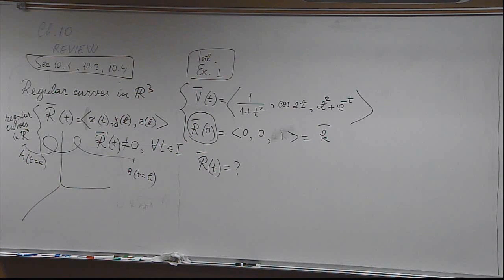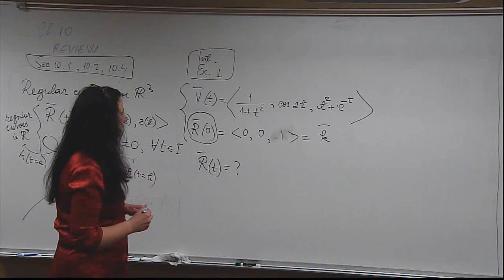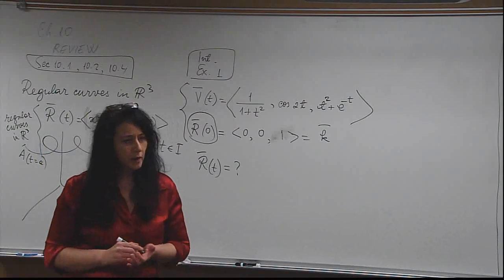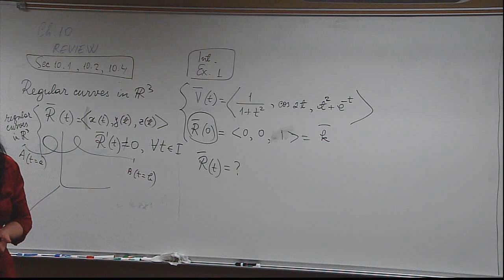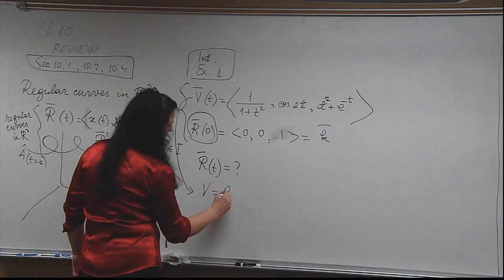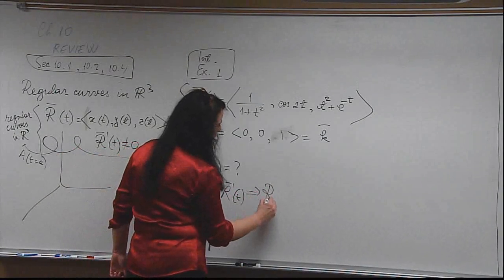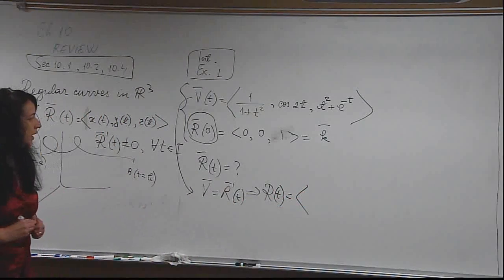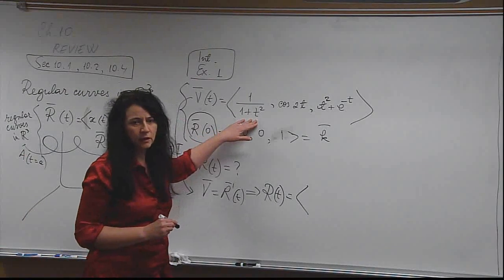All right, so how do I get to the R of t? I will simply integrate, and when I integrate, I have to keep in mind that I have to add the constants, right? Okay, so from V it follows that R will be, who tells me? Do you guys remember the integral of 1 over 1 plus t squared? Tan inverse.